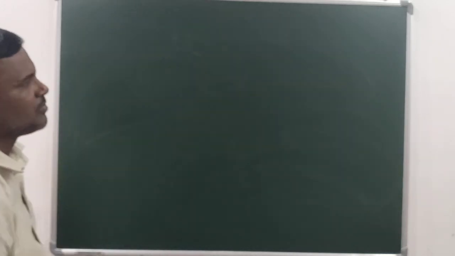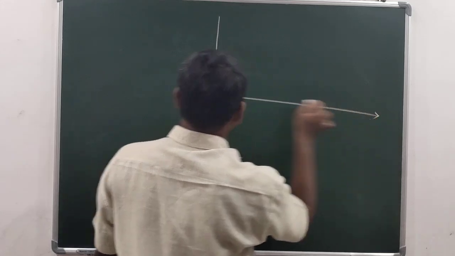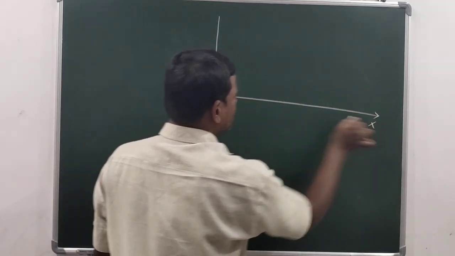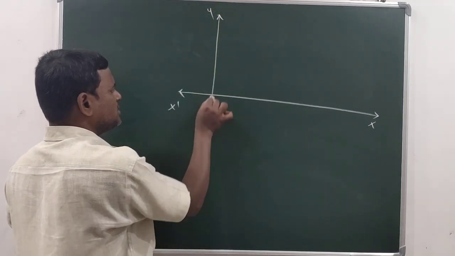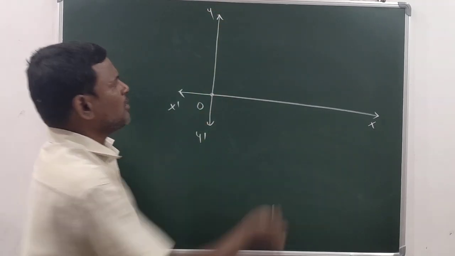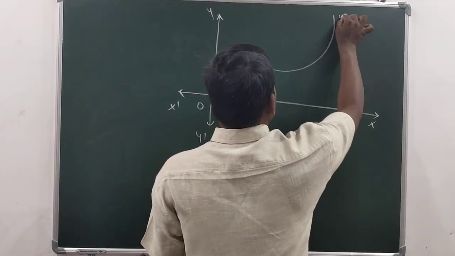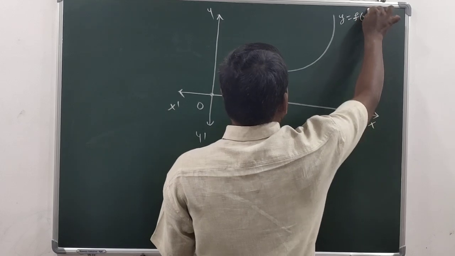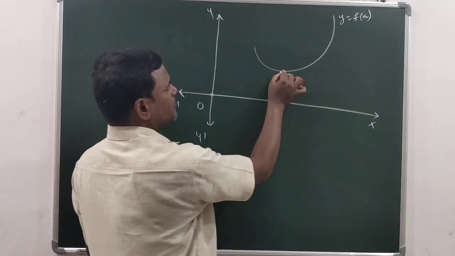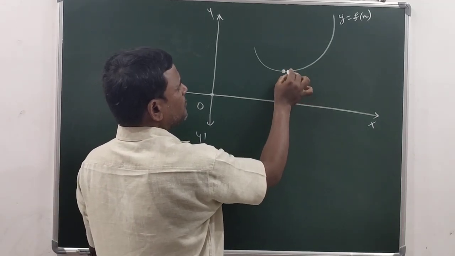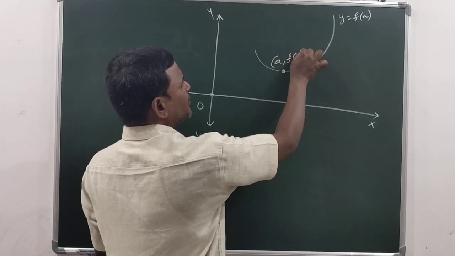See, draw the graph of this function. X, x dash, y, y dash, this is the origin. Now, here I have taken the graph of the function. I may get it like this, y equal to f of x. Now take a point on the graph as a. If the domain value is a, the respective range will be f of a. You know this.